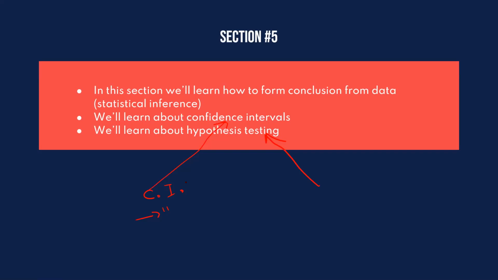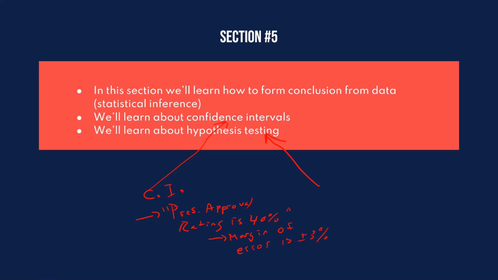You might see something like the president's approval rating is 40%. I'm just making this up. If you look at the bottom of these polls, they'll always say something like the margin of error is plus or minus 3%.